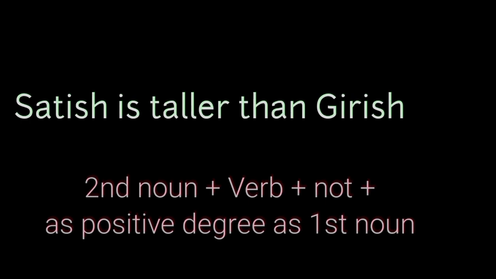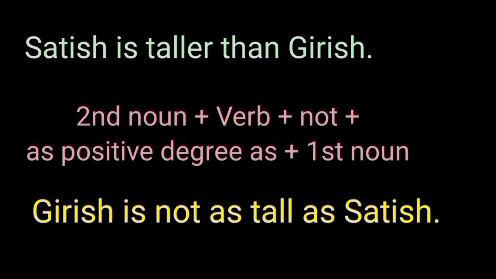Later, as plus positive degree plus as, and the first noun should be used. So Girish. Next is the verb. What verb is given in the question, the same verb should be used. Here is the verb. So Girish is.